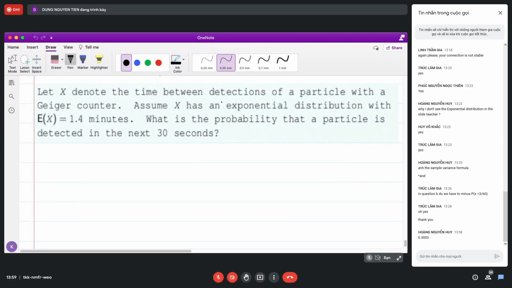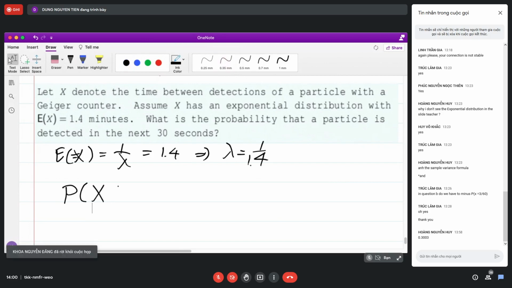X is an exponential random variable, where X is the time between detections of particles with a Geiger counter. The mean of X is 1 over lambda, which is 1.4, so lambda is 1 over 1.4, right? After you find the value of lambda, you can find the probability that a particle is detected in the next 30 seconds.